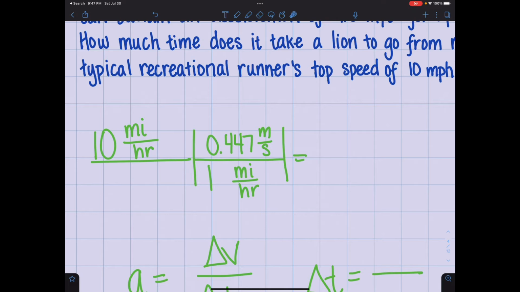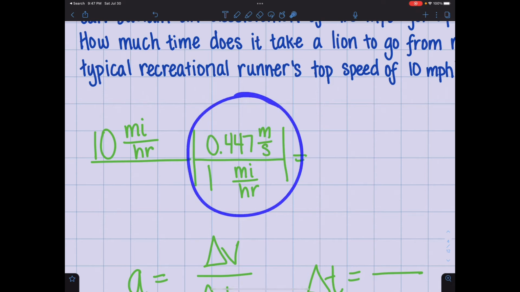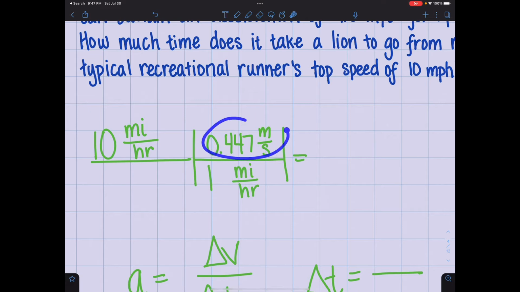I'm starting out with 10 miles an hour here. Now I do my typical little boxy thing there. And I know that 1 mile per hour is the same as 0.447 meters per second. So it's totally fine for me to multiply 10 miles per hour by this, because if this is the equivalent of this, I'm basically just multiplying by 1.